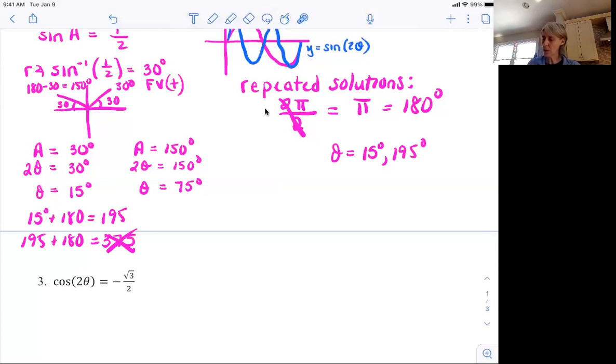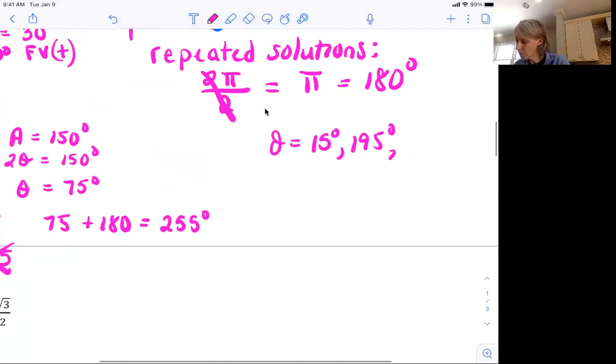Now we just work on this and find the repeated values for this set over here. So theta equals 75. 75 plus 180 is 255. Ooh, that was really sloppy math. And just in your head, think, if you add 180 to 255, you're going to be out of the range.